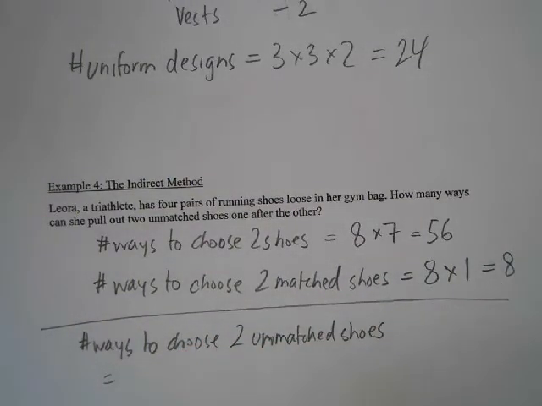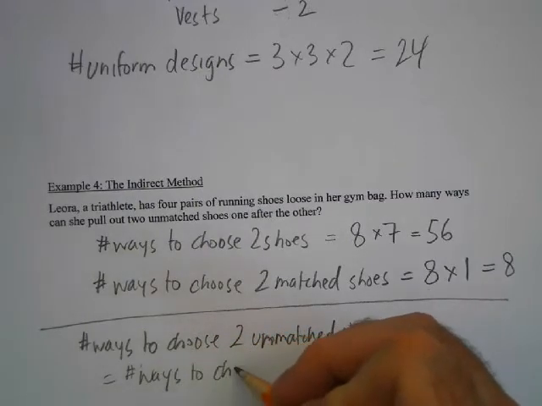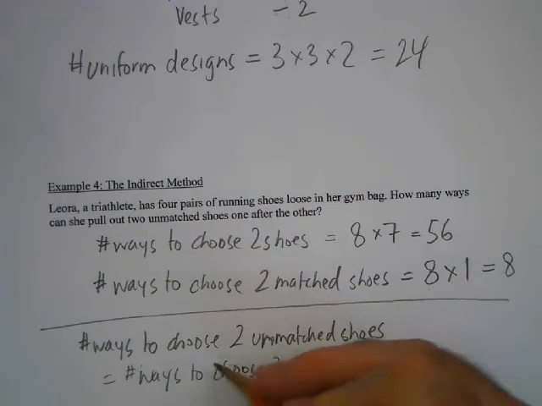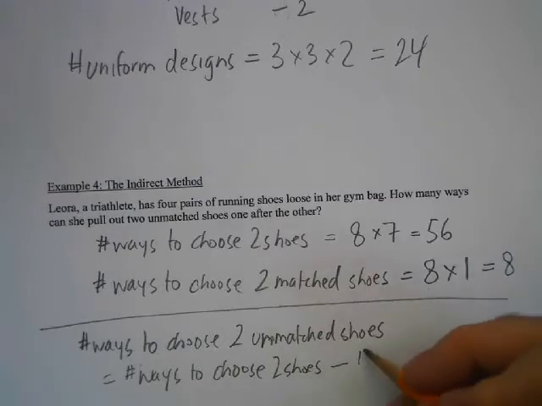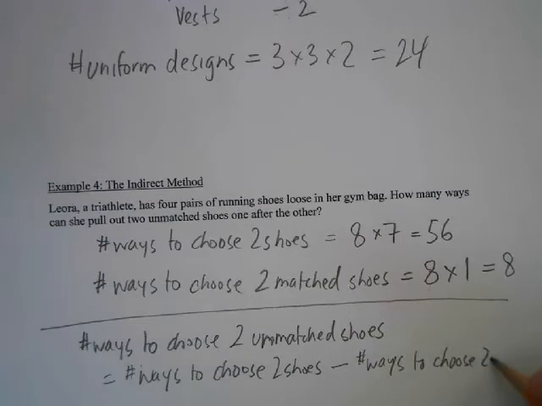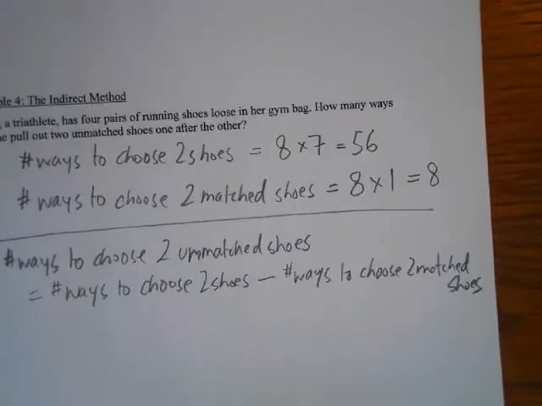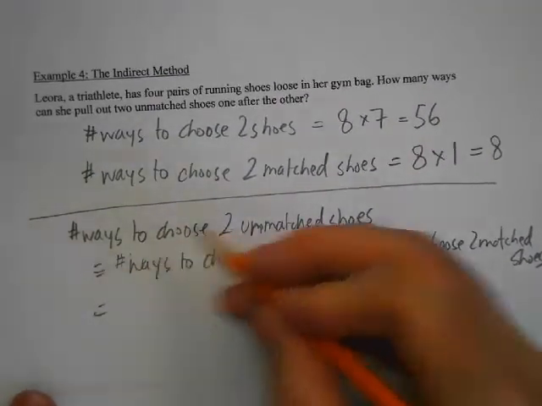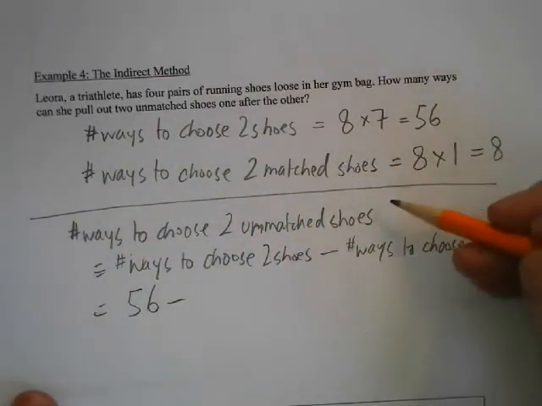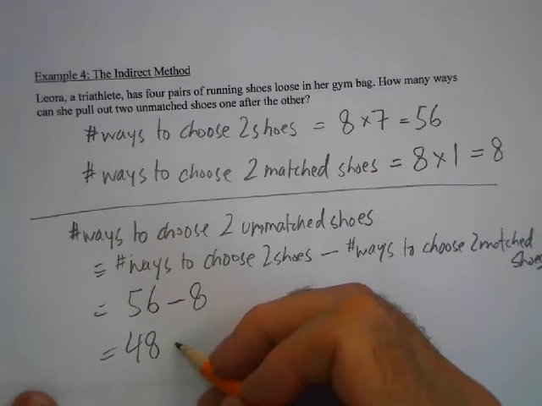That's equal to the number of ways to choose any 2 shoes, the total number of ways to choose 2 shoes, minus the number of ways to choose 2 matched shoes. And we just did those calculations. Number of ways to choose any 2 shoes is 56. And we subtract the number of ways to choose matched shoes. That's 8, so we have 48 ways.